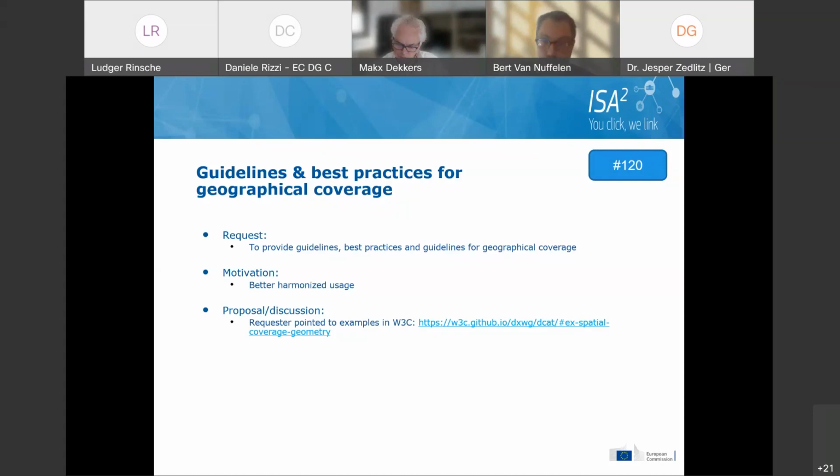Okay, that's another topic, in the sense that the SHACL shapes should be tested. That's a note that we make. Yeah, so we'll do that. Any other comments?